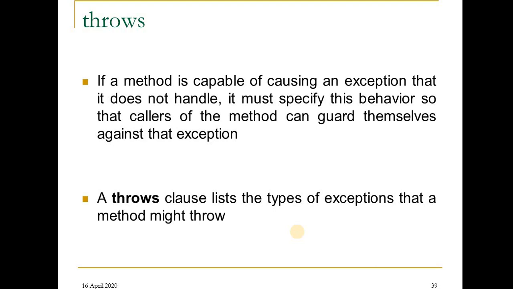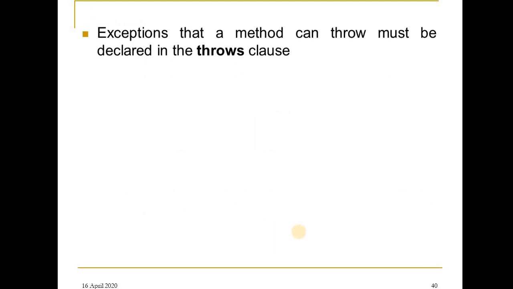All the types of exceptions that the method will throw, you can list in the throws clause. Exceptions that a method can throw must be declared in the throws clause.